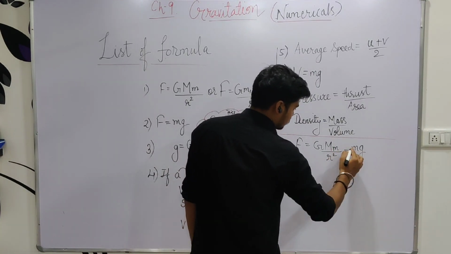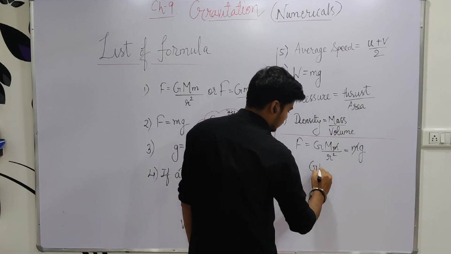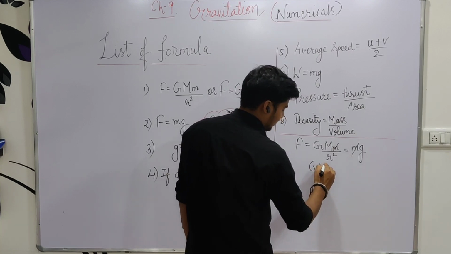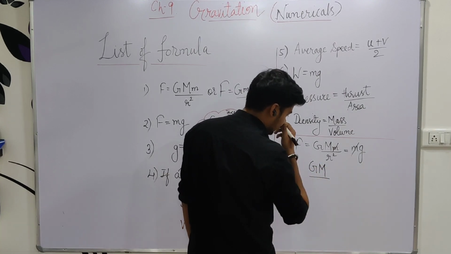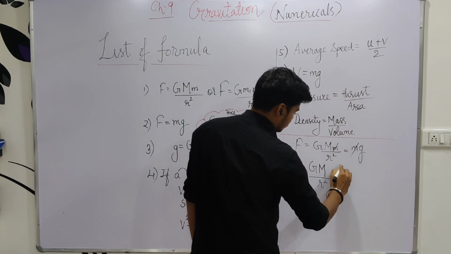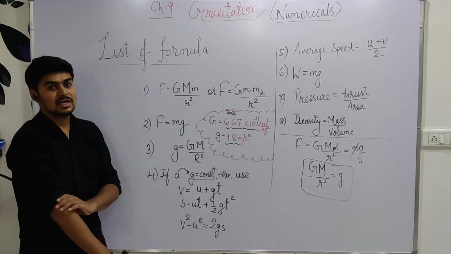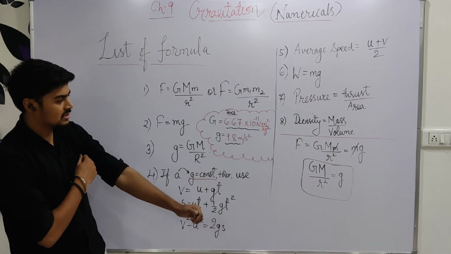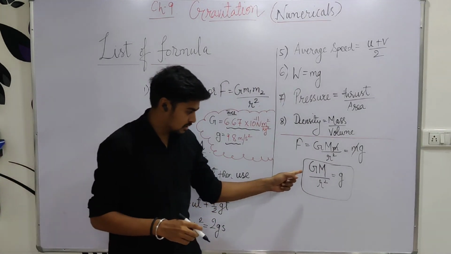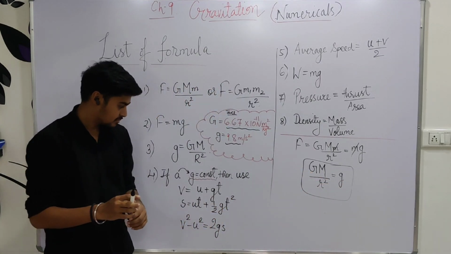If you compare these two, the mass of the object will be cancelled out. Capital G, capital M, mass of the planet or maybe the bigger object, upon r square is equal to g. That's how this small g and capital G are related to each other. Basically, that is the relationship between the gravitational constant and the gravitational acceleration.